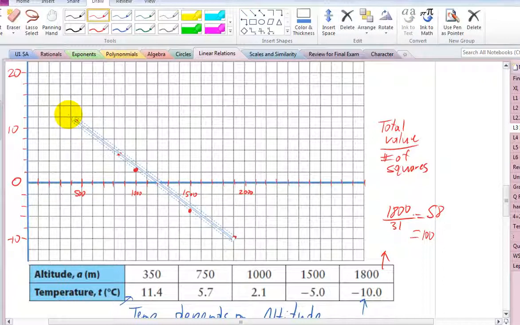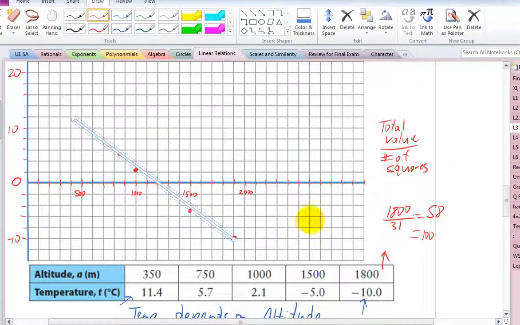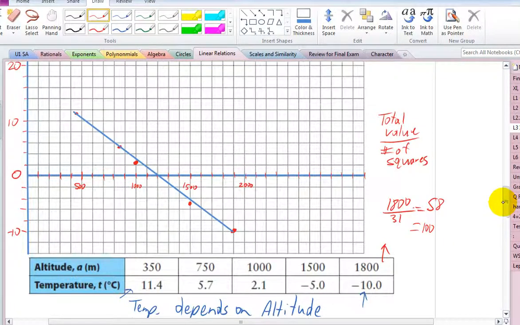And we're pretty close, which is good enough for me. Make it a little thicker, and yes, it goes through my points. Aha. Cheated. Okay. Any questions?